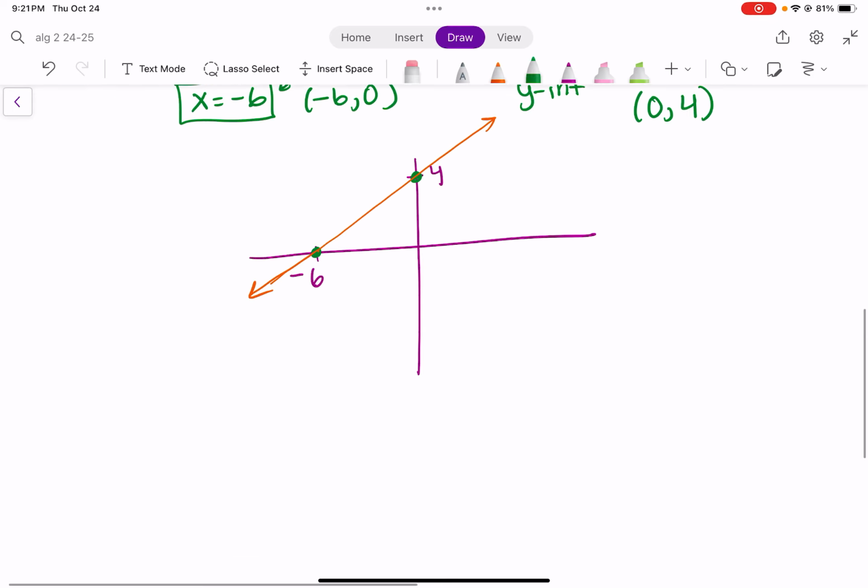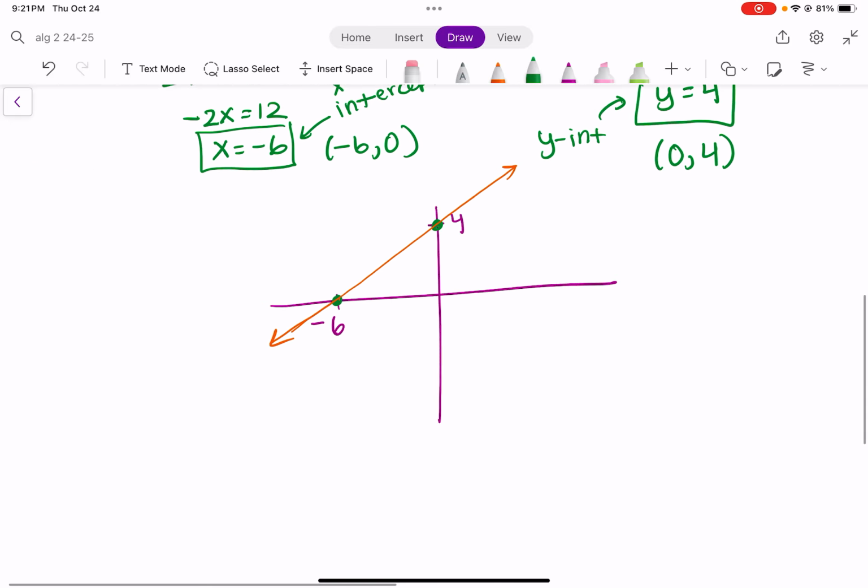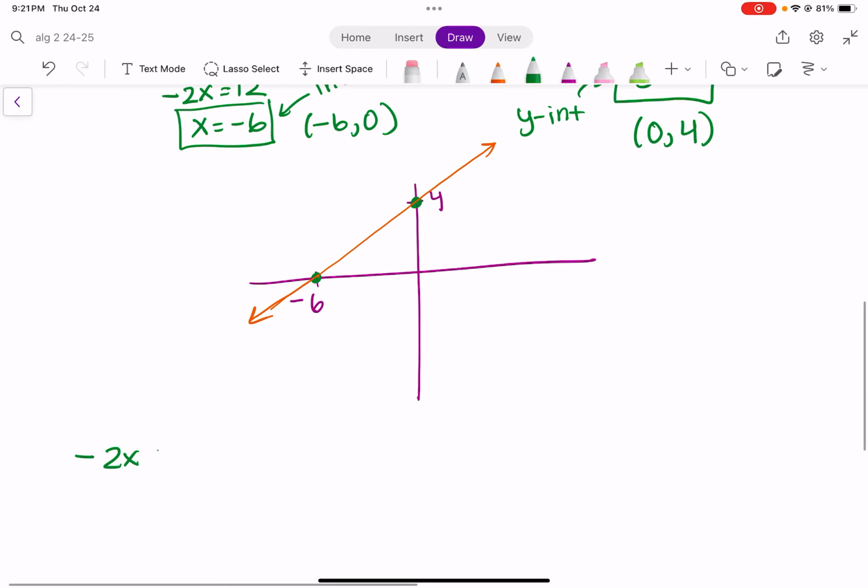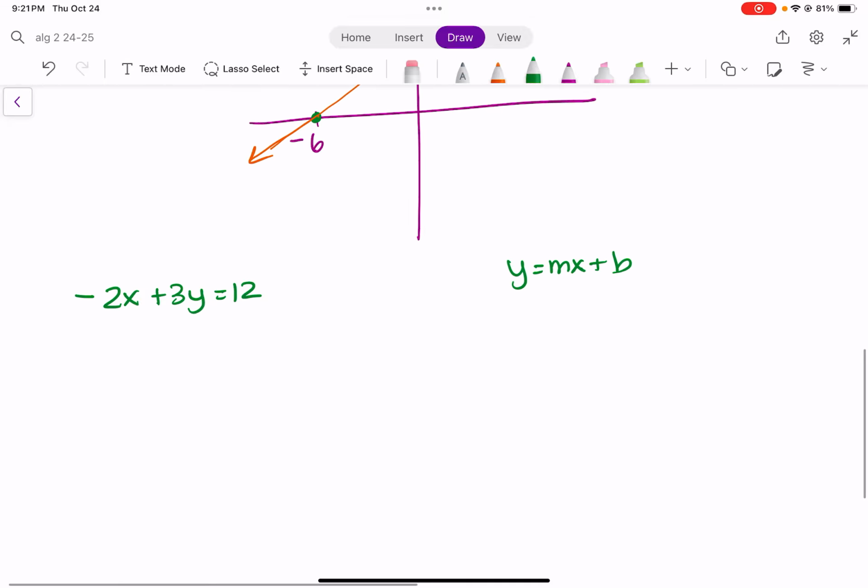Let's say we wanted to put this equation, negative 2x plus 3y equals 12, into the form y equals mx plus b, slope-intercept form. Your goal is to get y by itself, so we're going to get rid of the negative 2x.